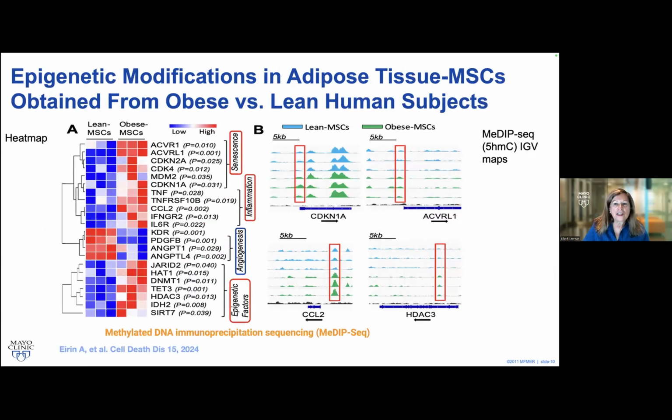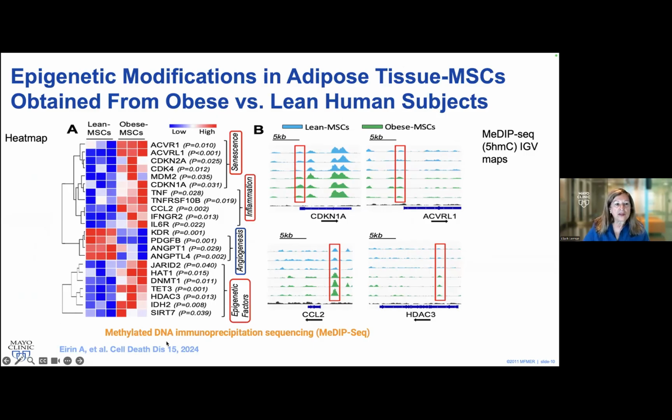This slide shows some recent preliminary MeDIP-seq 5-hmC studies in which we compared epigenetic modifications in adipose tissue-derived mesenchymal stem cells, or MSCs, obtained from human subjects with obesity compared to lean human subjects.